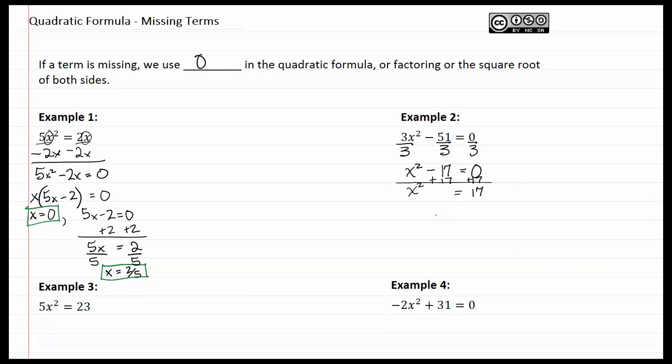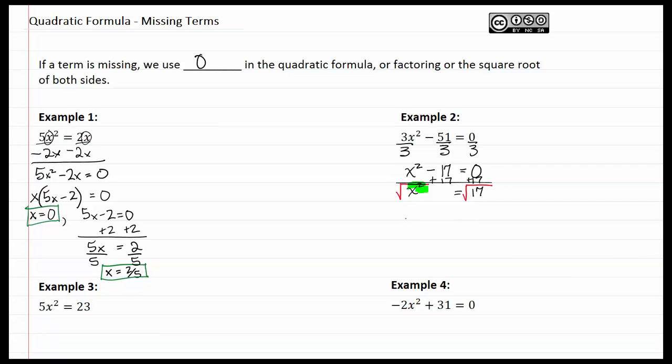Well, remember from previous sections that a root undoes an exponent. We have a square here, and so I'm going to take the square root of both sides. That way I can undo that exponent. Whatever I do to one side, I have to do to the other.